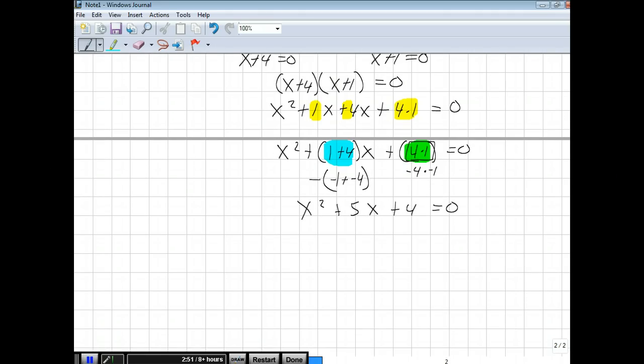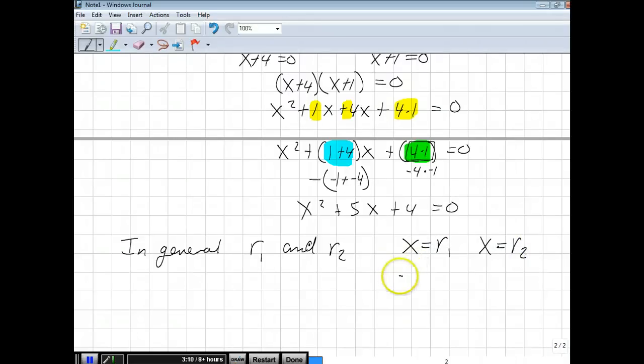So in general, if we have root 1 and root 2, then that came from x equals root 1 and x equals root 2, which means that's x minus root 1 equals 0, and x minus root 2 equals 0. Okay?